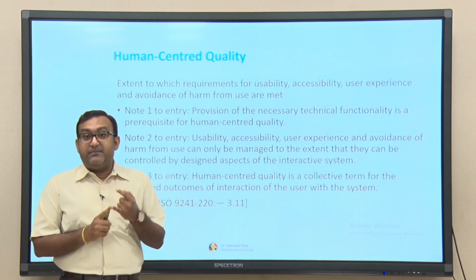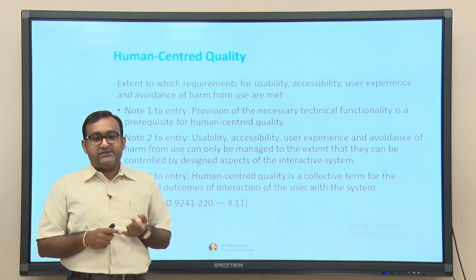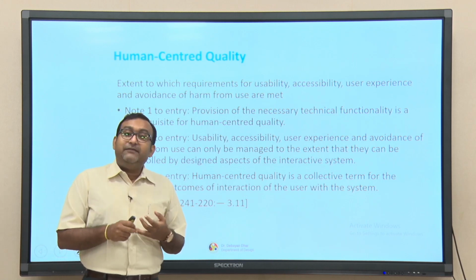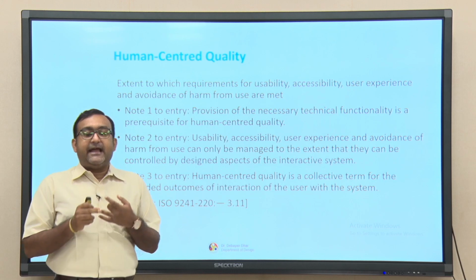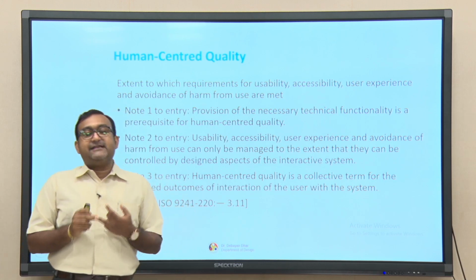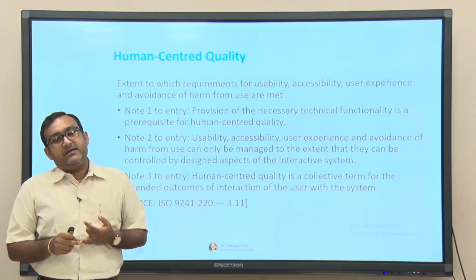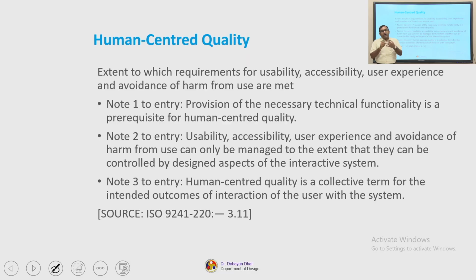Understand, avoidance of harm is a very important feature. Harm from use can only be managed to the extent that it can be controlled by designed aspects of the interactive system. We can only ensure that these qualities are met if we design our system with a human-centered approach. Human-centered quality is a collective term for the intended outcomes of interaction of the user and the system. It is a collective term.